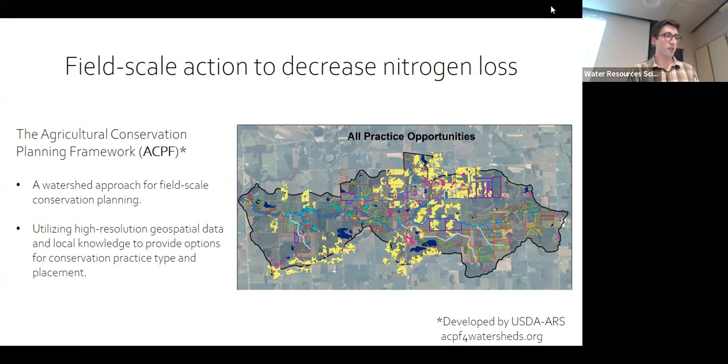Really what I'm trying to show with this image here is that the placement and the recommendations from these geospatial tools like ACPF occur at a pretty fine spatial resolution. So there are certain areas in the watershed that have been identified as potential spots to implement some conservation practice because of specific characteristics of those locations.